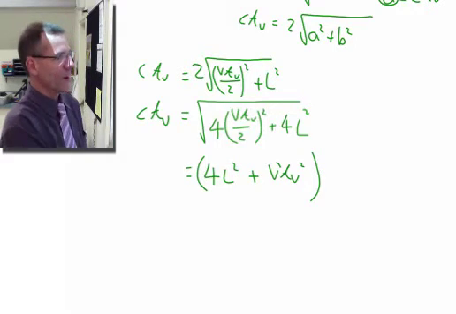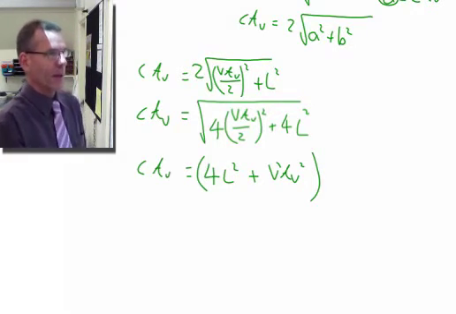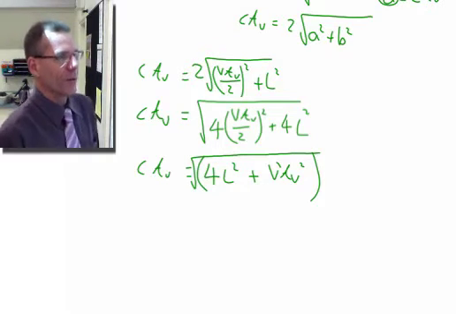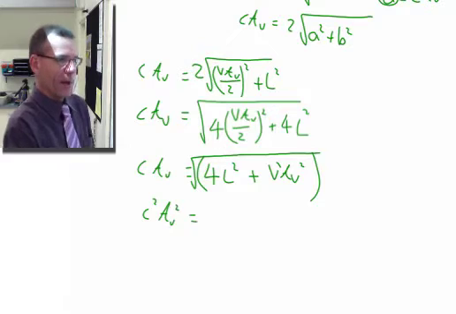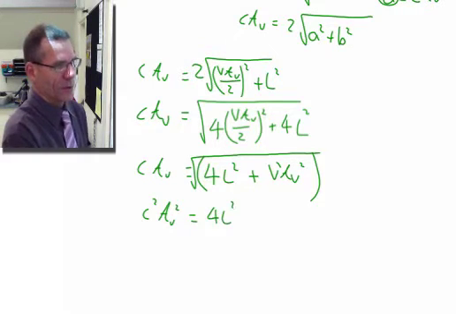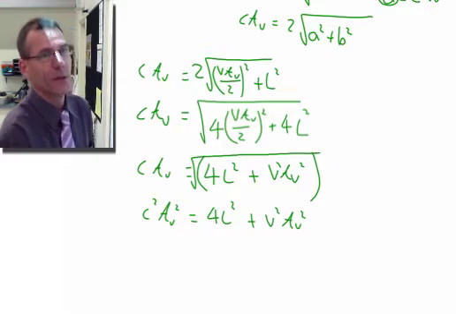All of that we're taking the square root of, so let's square both sides. c squared tv squared equals 4l squared plus v squared tv squared.